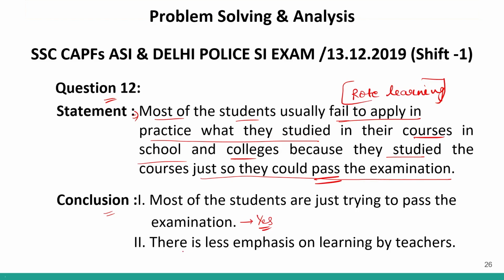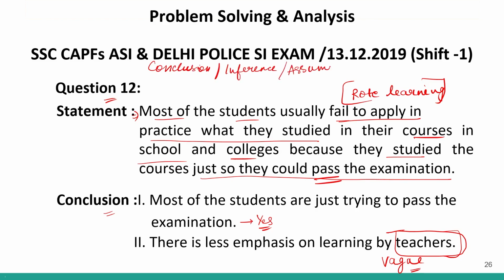Now, conclusion 2 says there is less emphasis on learning by teachers. Now, this conclusion is vague. Why? Because nothing about the teachers is mentioned in the statement. So, there is a clear indication whenever an additional word is introduced in either a conclusion or an inference or an assumption, it is usually incorrect.